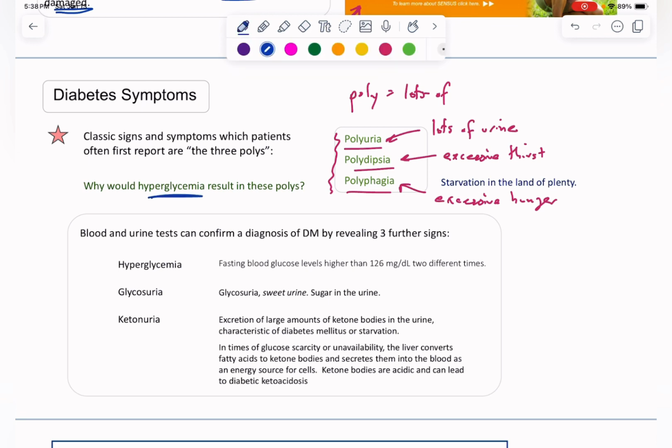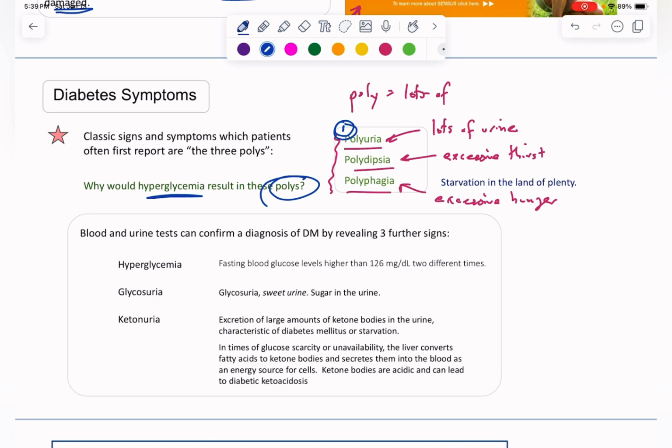And why does this happen? How does hyperglycemia result in the polyuria, polydipsia, and polyphagia? Let's start with polyuria. If you have large amounts of glucose in the blood, then you're going to have large amounts of glucose in the urine. All of that glucose in the urine is going to take water with it, and it's going to cause you to urinate a lot.